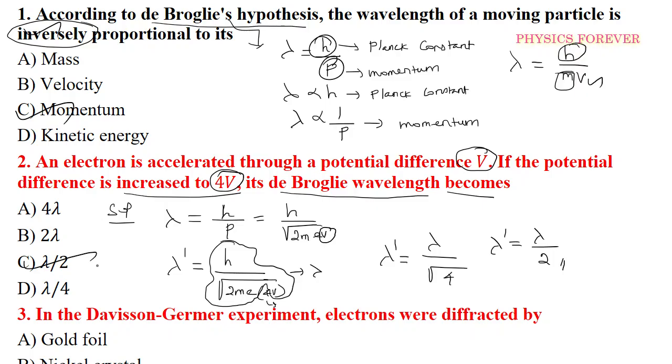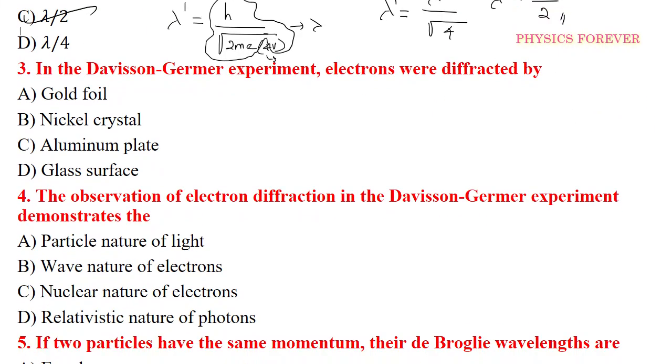Most important. The next question: in the Davisson-Germer experiment, electron waves are diffracted by a nickel crystal. We already discussed this in previous classes. If this is the nickel crystal, and some electrons of energy are incident on the nickel crystal, we get diffraction or scattering.